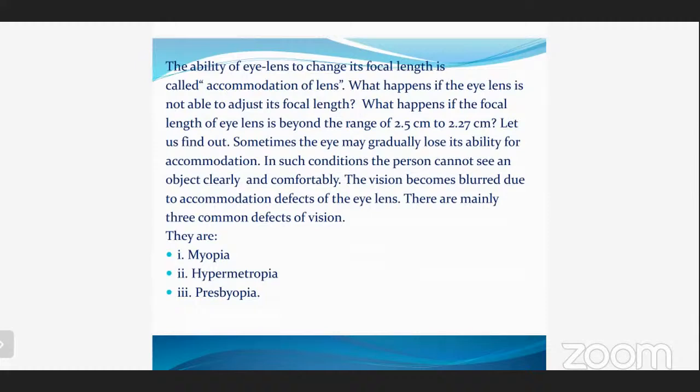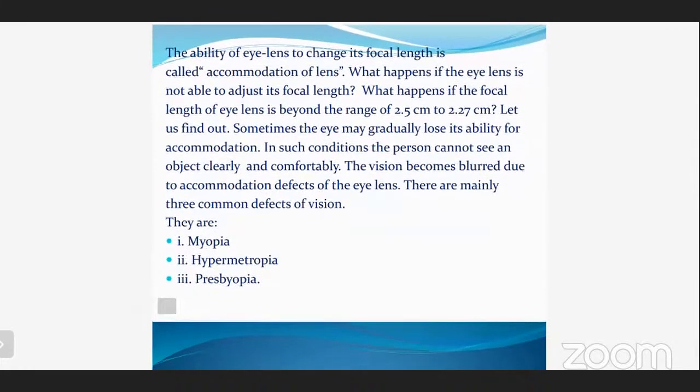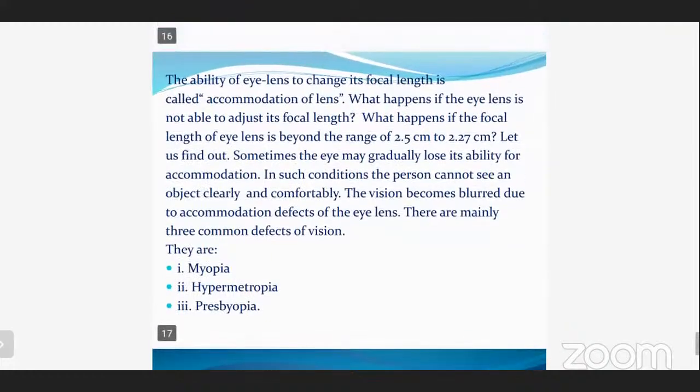For some people, the eye lens can't adjust the focal length. So sometimes the eye may gradually lose its ability for accommodation. In such conditions, the persons can't see an object clearly. So that is called defect of vision. Understand?